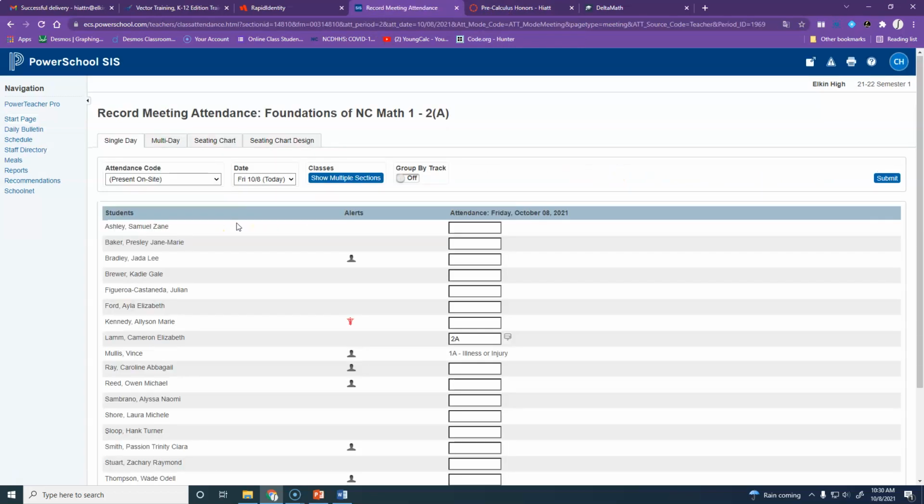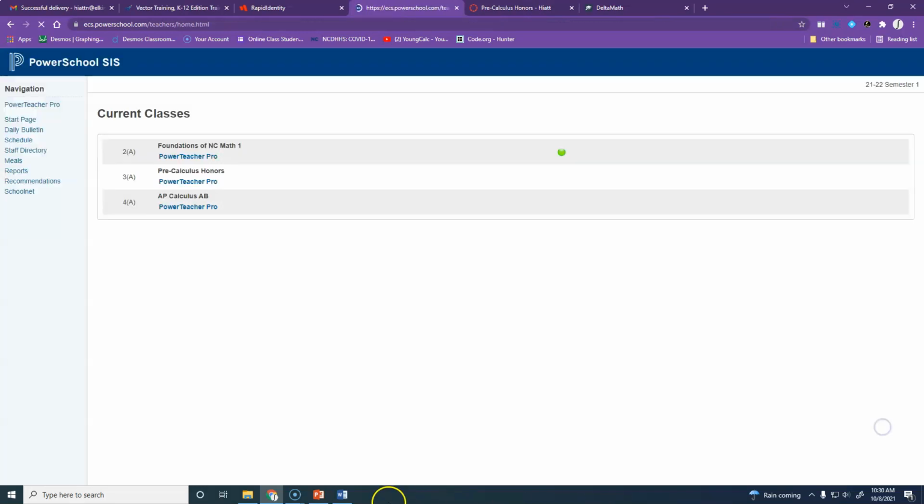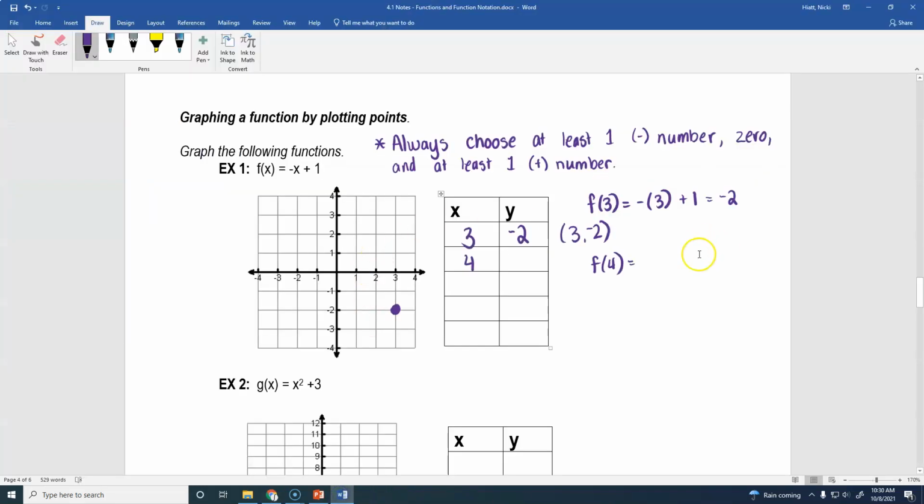And we're just working on those notes we were doing yesterday. Alright, so if I plug in 4, I've got -4 plus 1. -4 plus 1 gives me -3. So I'm going to graph the point 4, -3. Be right here.